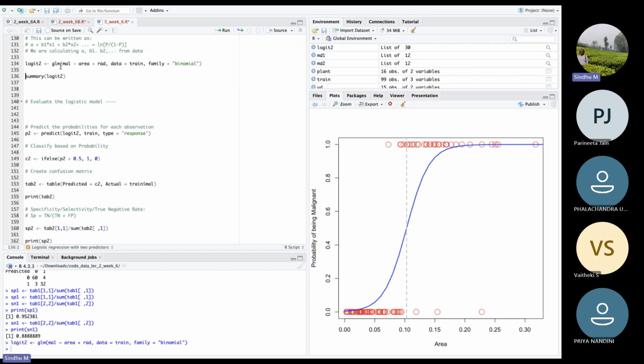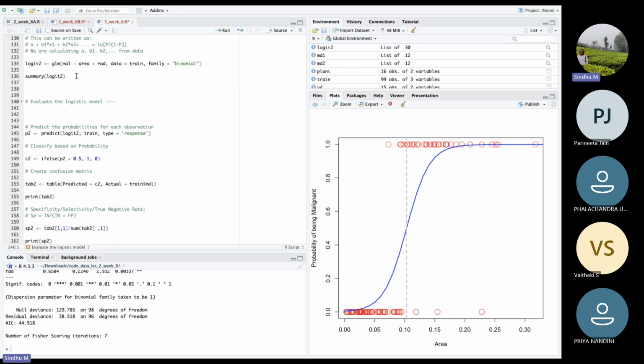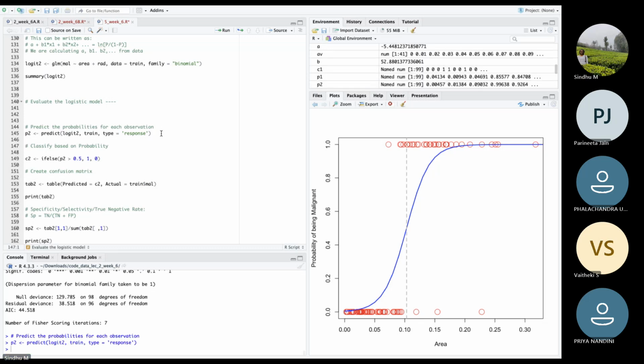So here also we are following the same steps that we followed before. We are first building the model with the GLM function, and then we are predicting the probabilities, and we are setting the same 0.5 cutoff here. So if this predicted value is greater than 0.5, then it is 1.